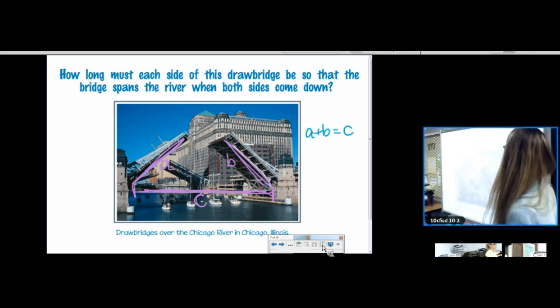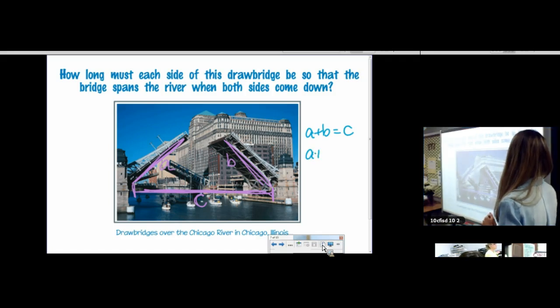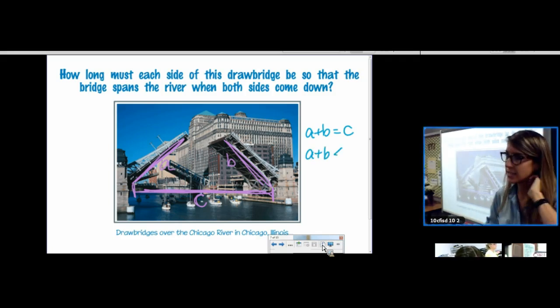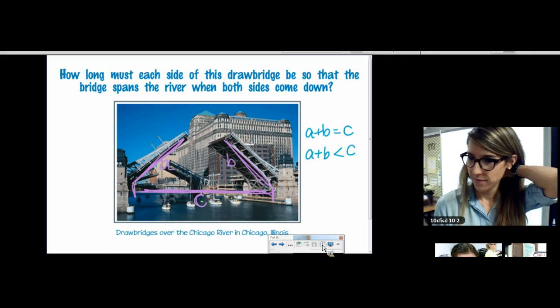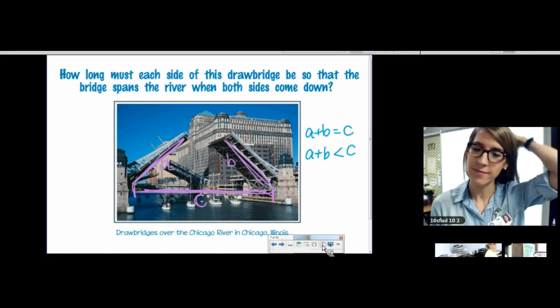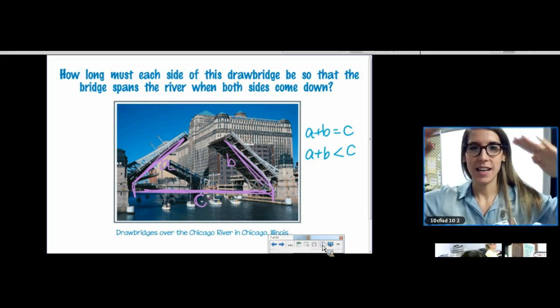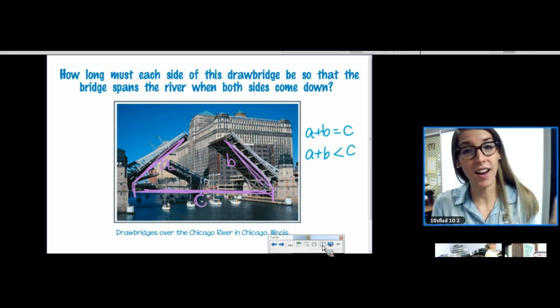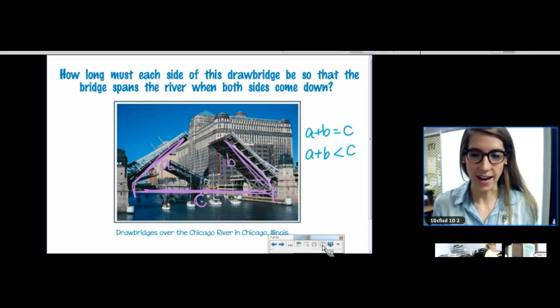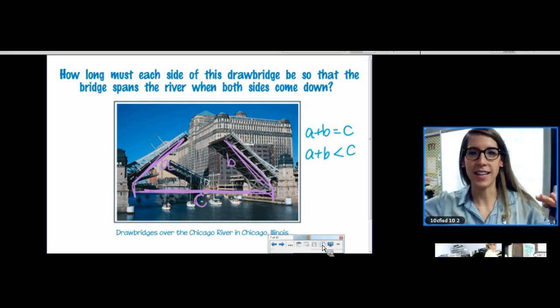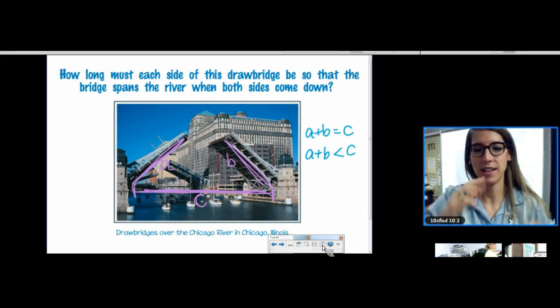Now, what would the repercussions be if A plus B was less than C? Yeah, so there would be space in between. There would be a gap, and depending on how large that gap was, cars could fall into the river, right? There would be a problem, unless it's like in an action movie and the cars jump the space between. Anyways.